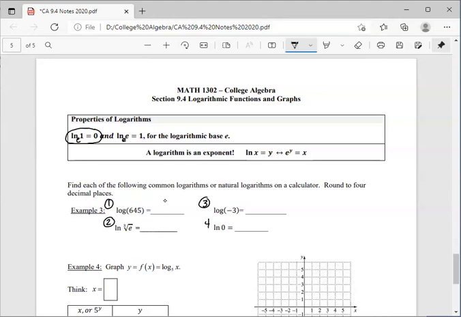If you're following in chat, let's type this stuff in and figure out what the answers to these things are. You can find the cube root under math, if you need to type in the cube root of something. So we've got the log of 645, the natural log of the cube root of e, the log of -3, and the natural log of 0.